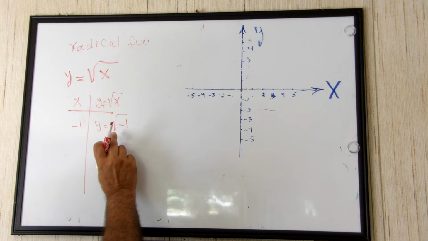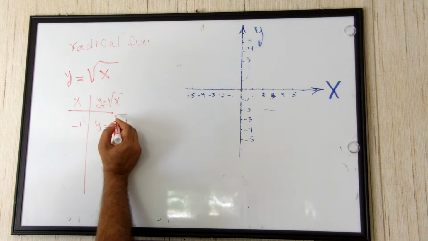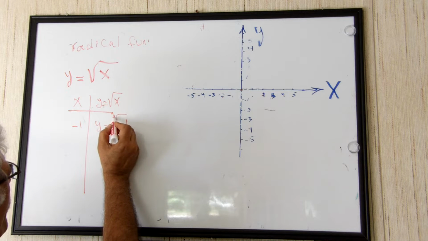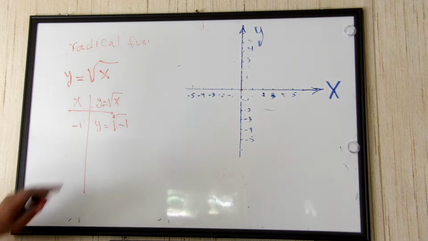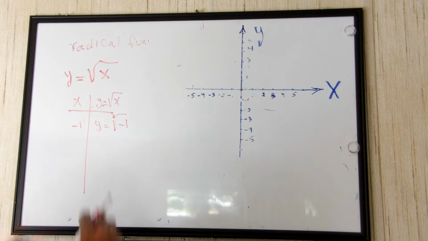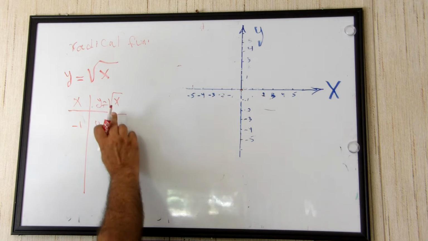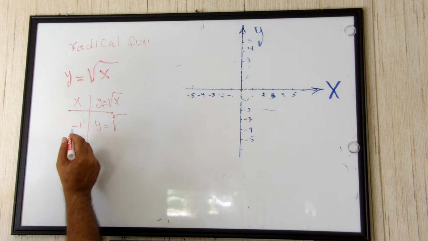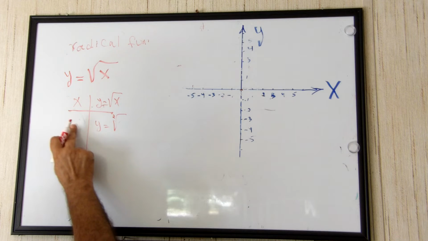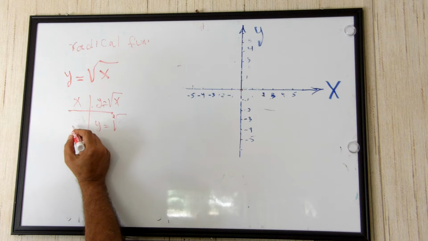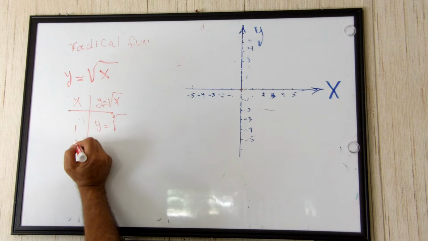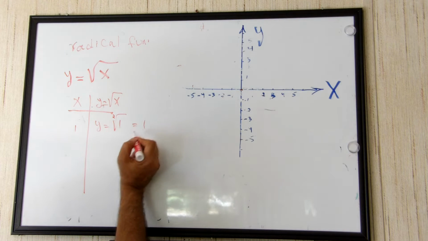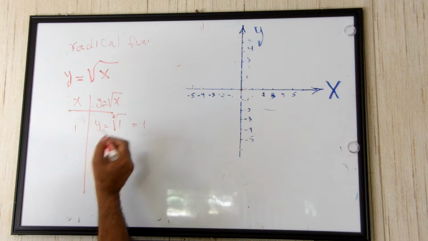So you can't put minus here, because it has a positive even index 2. So you've got to use something like 1. If it's 1, it's going to be 1, because the square root of 1 is 1.